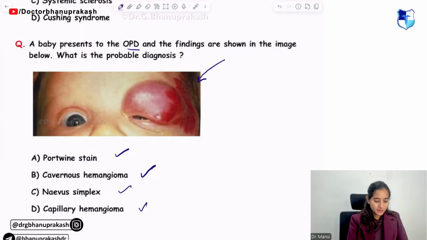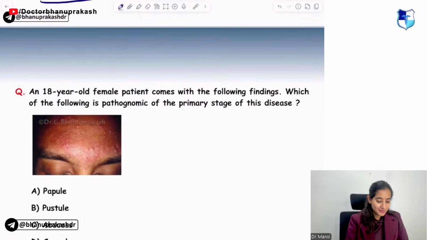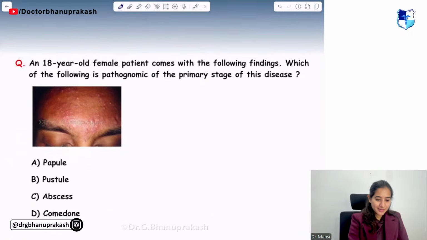It's a capillary hemangioma. Okay, so I hope that you all are going to go back and revise one more time. That is going to be sufficient.